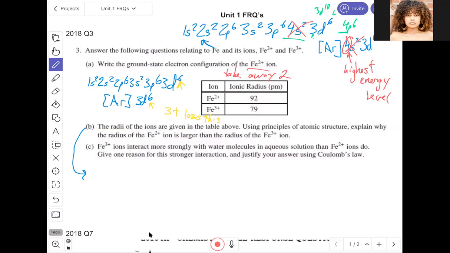All right, Taylor. Isn't it because you have to take an electron away from Fe2+ to make Fe3+? It is related to the difference in electrons, yes.